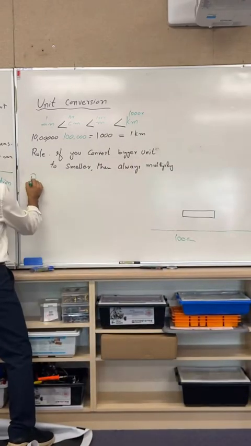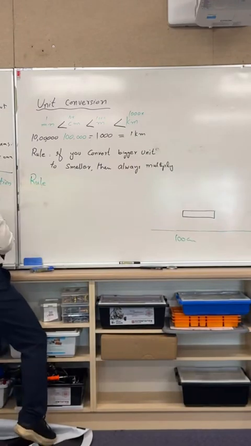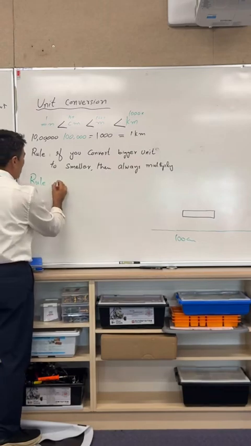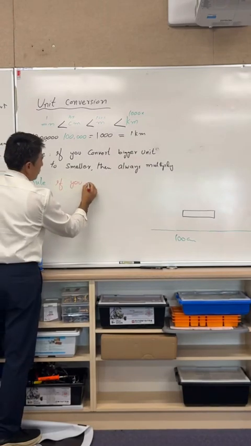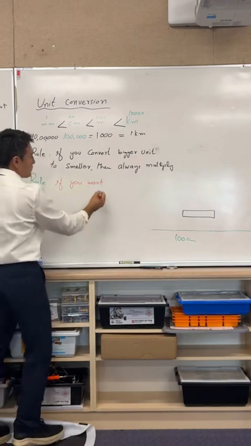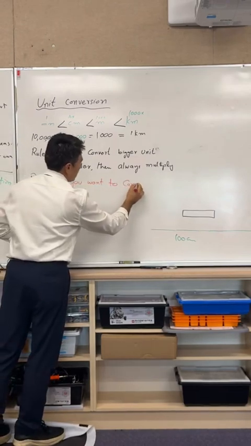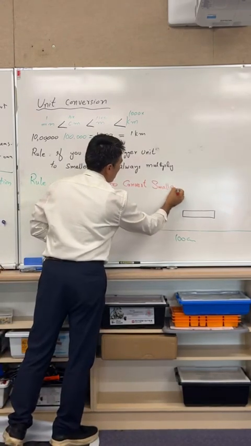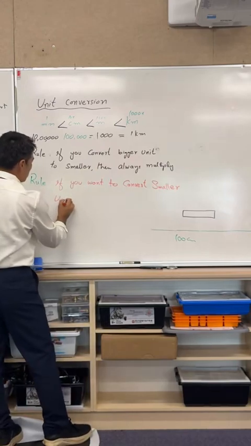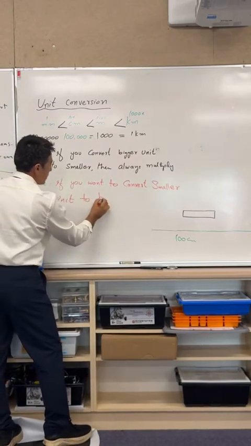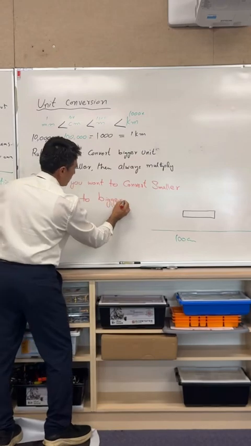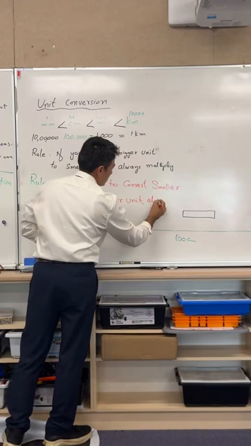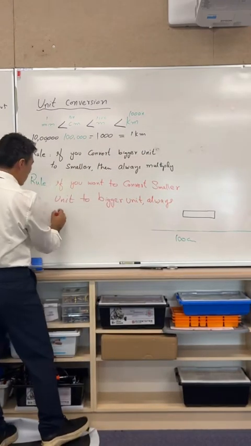Rule number 2, if you want to convert smaller to bigger, then always divide.